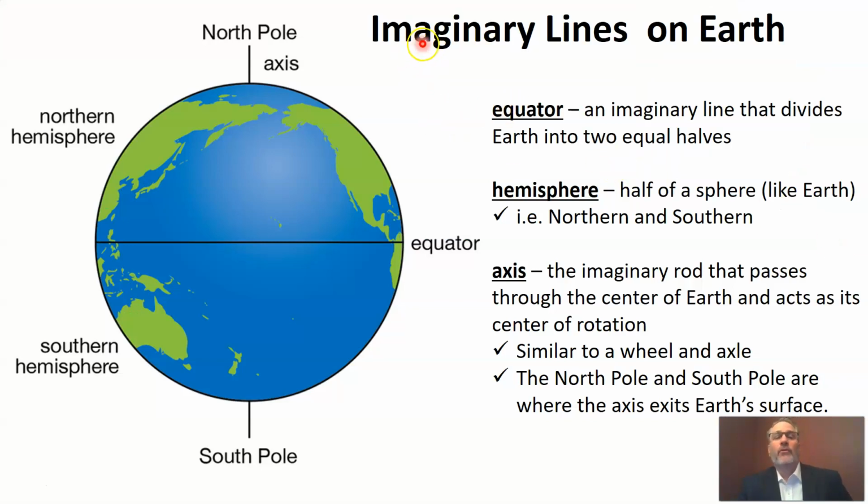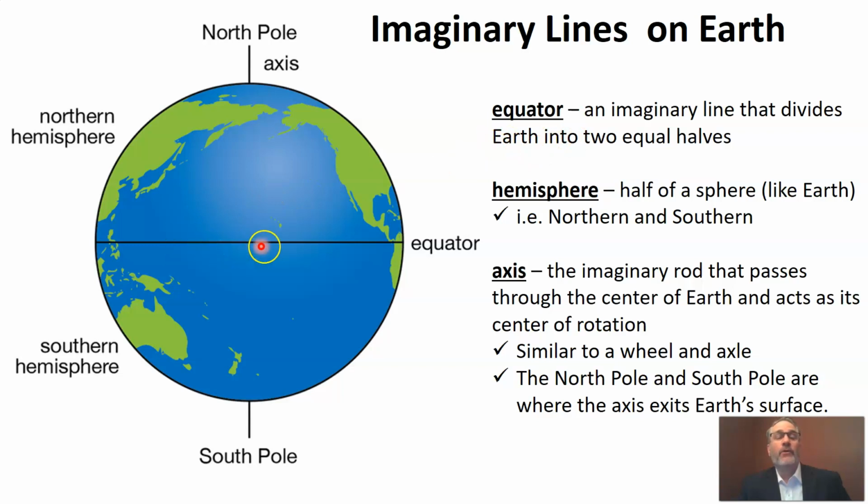Okay, so we looked at lines of latitude and longitude, and those, we said, are imaginary lines that we project onto Earth. Really, some of these other things that I need you to look at are also somewhat imaginary. These are features on models. So if we look here, I told you to start at number 3. This imaginary line that divides Earth in half, we call the equator.